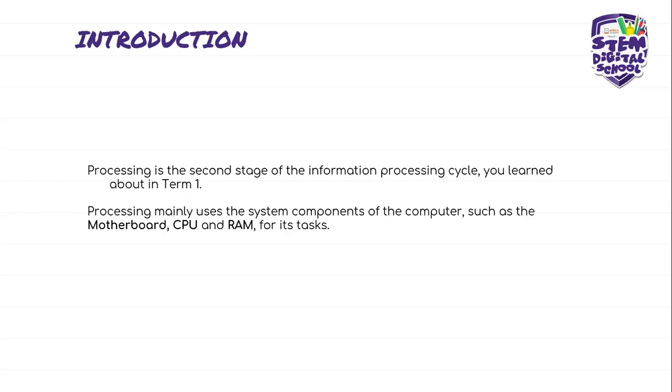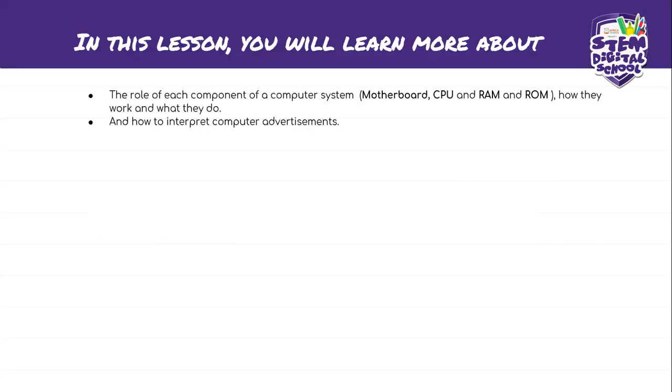Processing mainly uses the system components of the computer, such as the motherboard, the CPU, and RAM for its task. In this lesson, you will learn more about the role of each component of a computer system: the role of the motherboard, the CPU, the RAM and the ROM, how they work and what they do, and how to interpret computer advertisements.